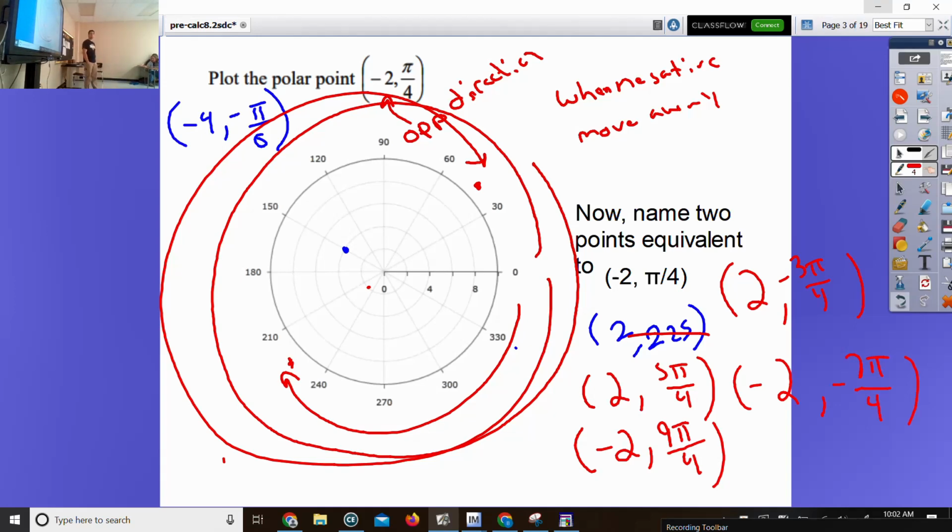How did you, when your 2 is positive, how did that work? When the 2 was positive, like in the 2 and then the -3π/4, when the 2 was positive, I wanted the same direction. I wanted to go towards the angle, not away from it. 225 degrees? So I want anything else that would get me to 225 degrees, whether it be positive or negative.